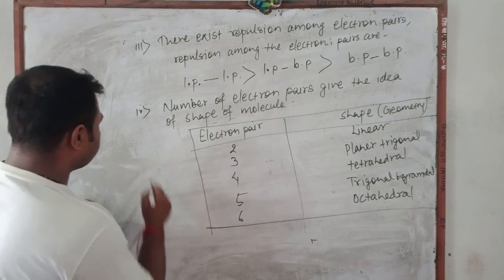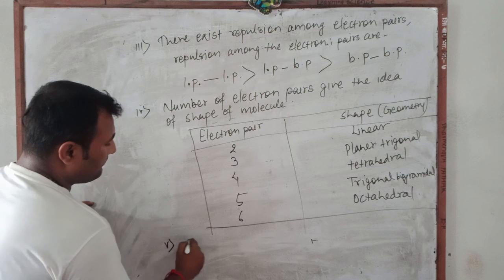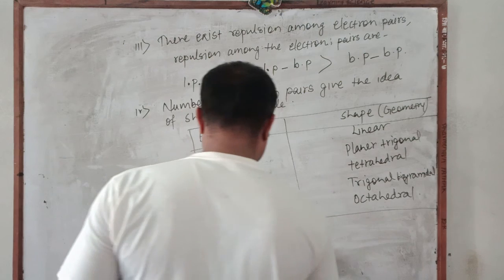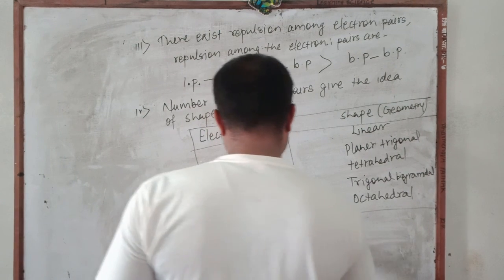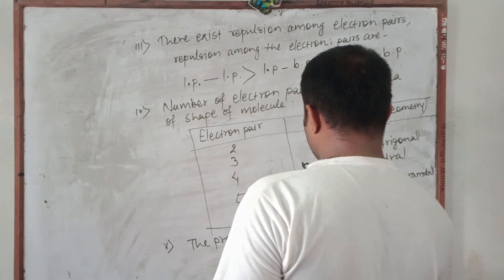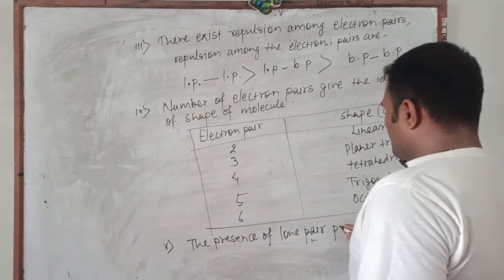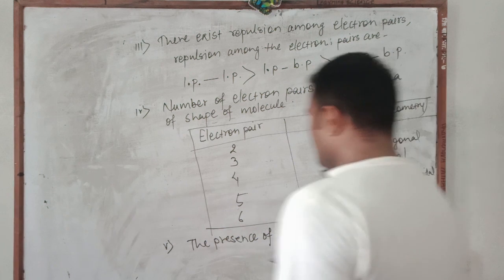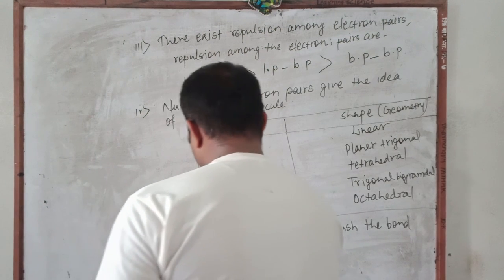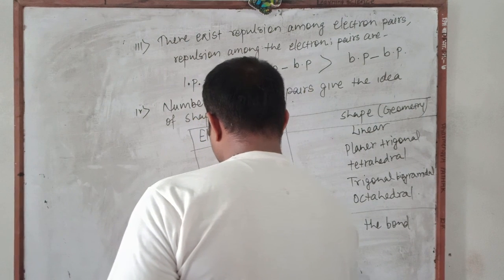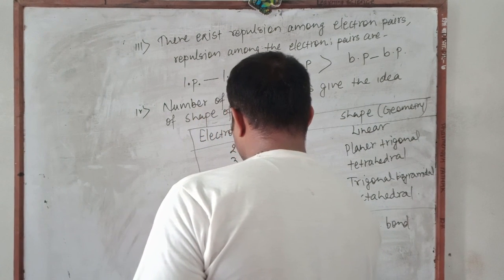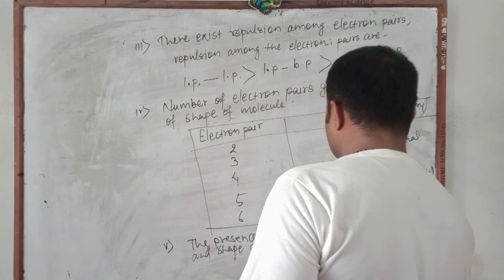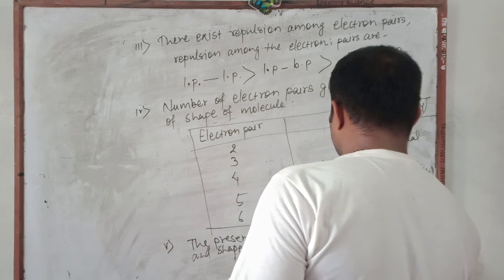After that, the presence of lone pair pushes the bond and the shape gets changed, or that is distorted or disturbed.